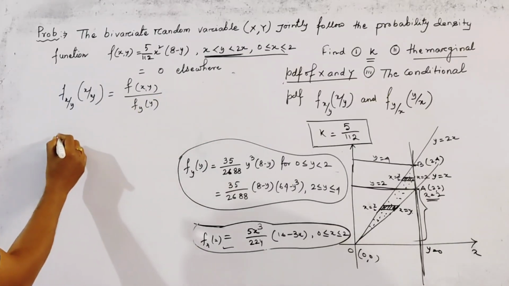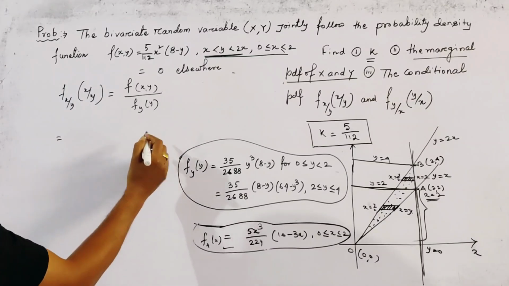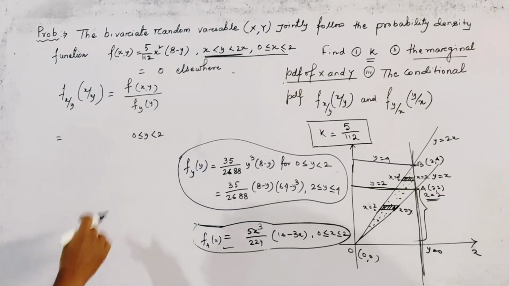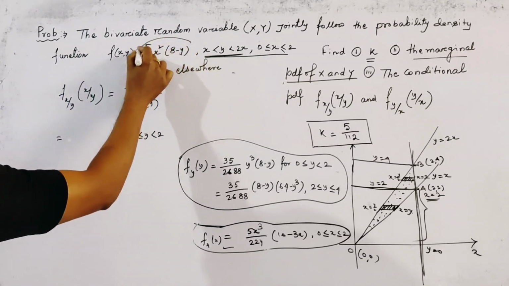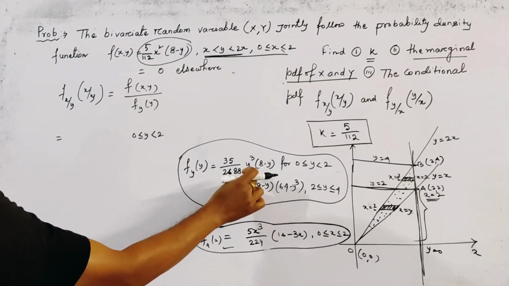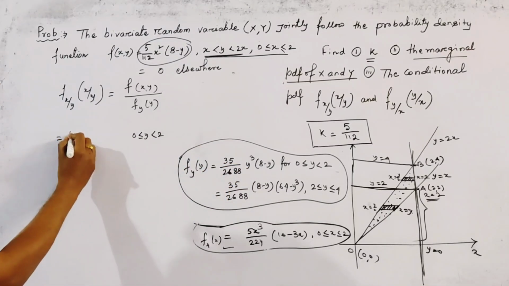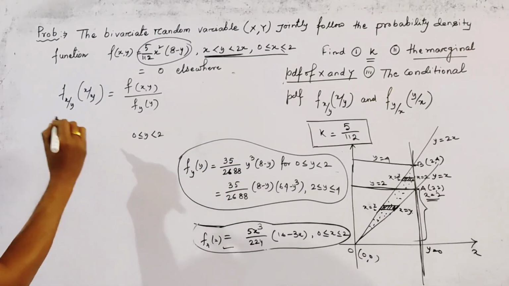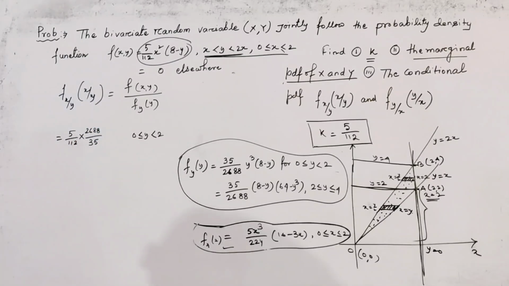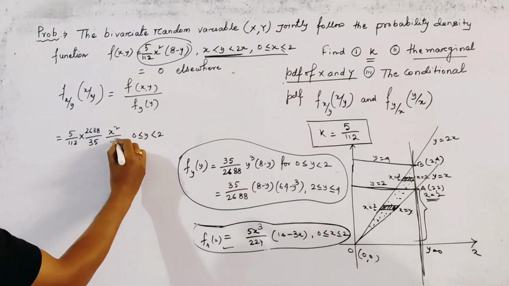So we write here the conditional PDF in two ranges also, and in the first range if we take 0 less equal to y less than 2, okay, then f_XY means this by f_Y means this. So we write the result directly by cancelling 8 minus y and 8 minus y, we get 5 by 112 into 2688 by 35, and another term is x square by y cube.